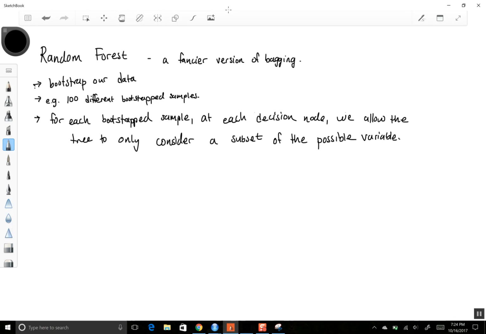So what's the letter here that we use? M out of the P possible variables. So the tree can only use M out of the P variables.